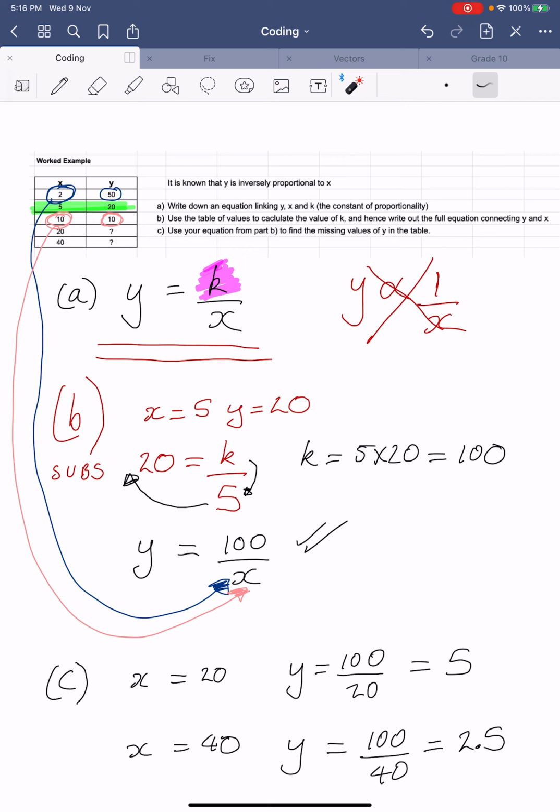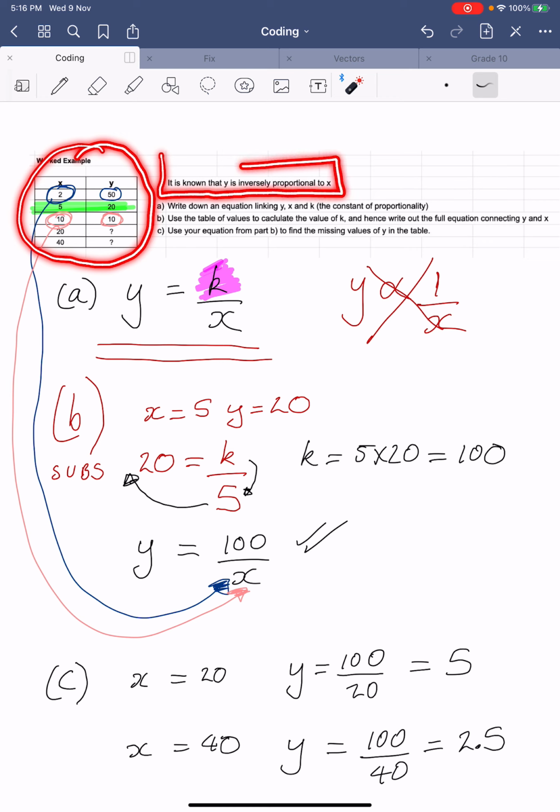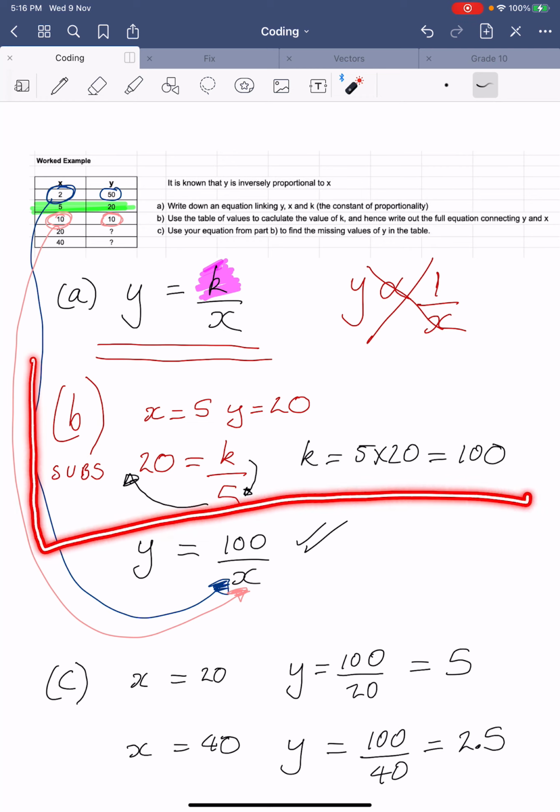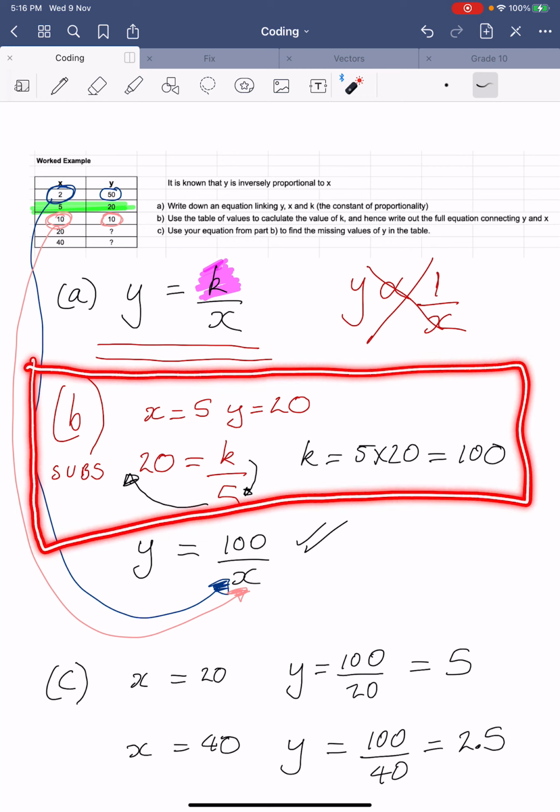Let's just summarize. We have a table of values connecting x and y. We're given a big clue as to the relationship. We write down the relationship with y, x and k. That's the first step. The second step is we try and work out what the value of k is. We can only do that by substituting an xy pair of values from the table.